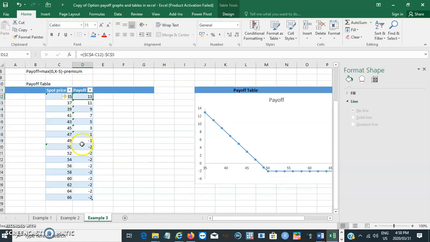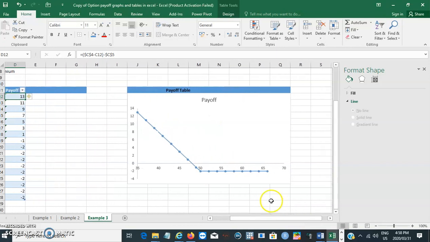Okay, so this is the table that I've constructed here, and this is how the diagram is going to be if I construct a diagram in the same way that you've done in the previous sheet.